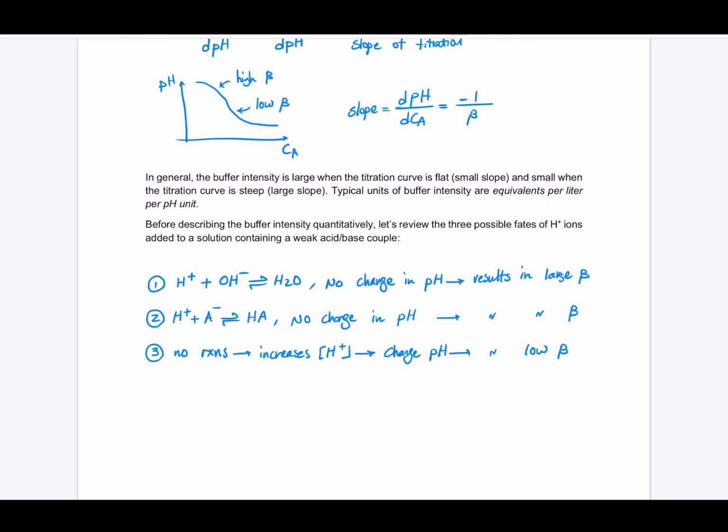So now we can qualitatively describe beta to be a function of some factors related to reaction 1 and some factors related to reaction 2. So let's focus on reaction 1. If I have a sample that has a pH of 7 versus pH of 12, we have significantly more hydroxide at pH of 12.